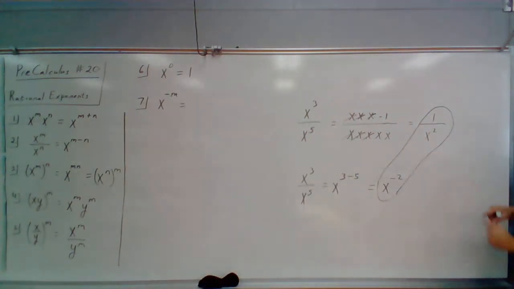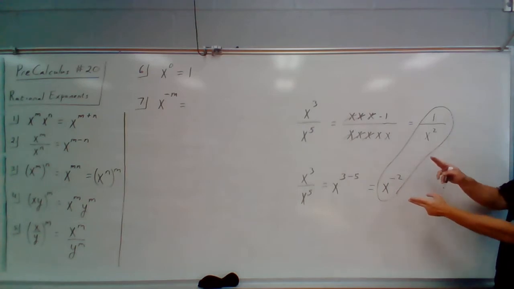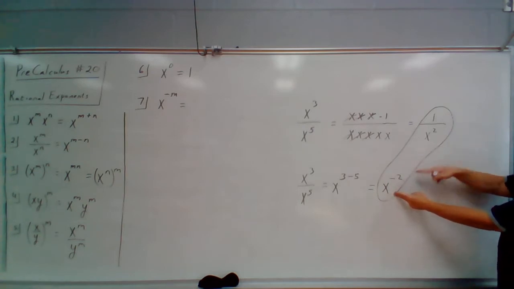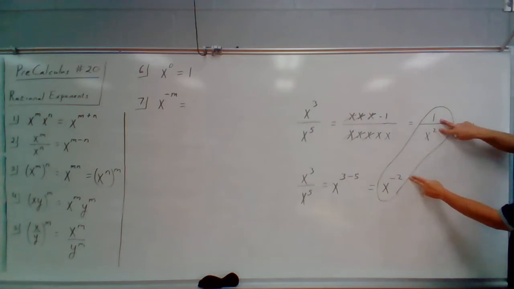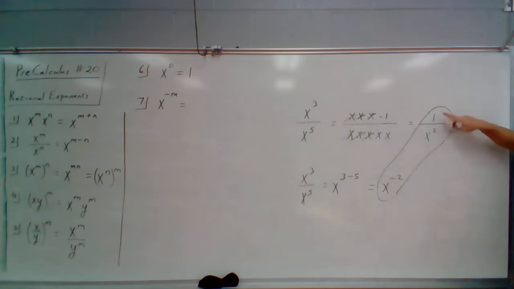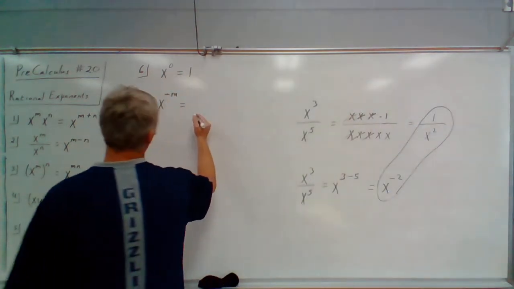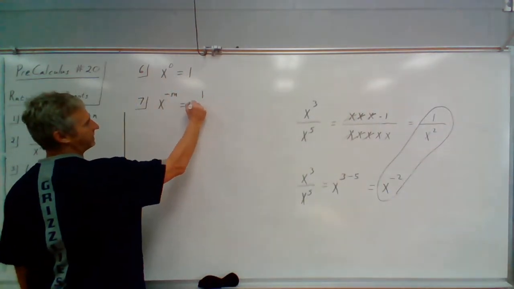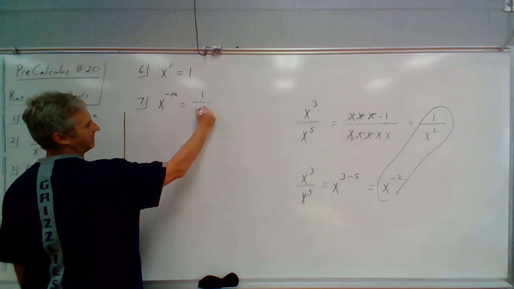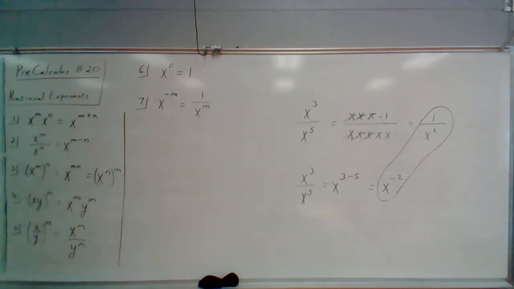So that's what the rule is always going to be. If you have a negative exponent, we will sort of flip this upside down and you have 1 over x squared. All right, so x to the negative m power will be 1 over x to the m power.